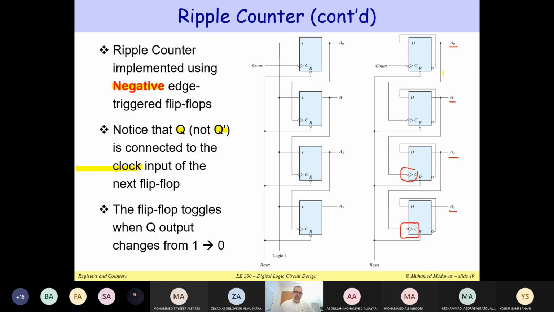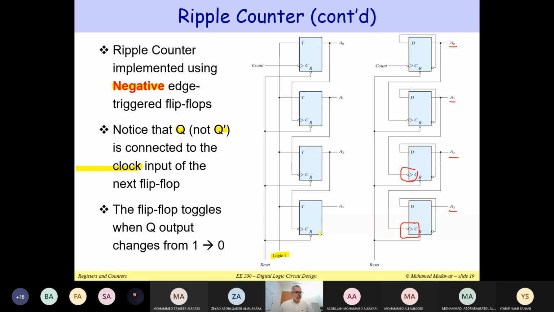We can also implement this using T flip-flops as indicated in the second diagram by connecting here logic 1. So rather than connecting Q prime back to the D input, we are using T flip-flops, but the T flip-flops are more expensive because they use XOR gates at their inputs. So it can be implemented using D flip-flops, but we can also implement the ripple counter using the T flip-flops.